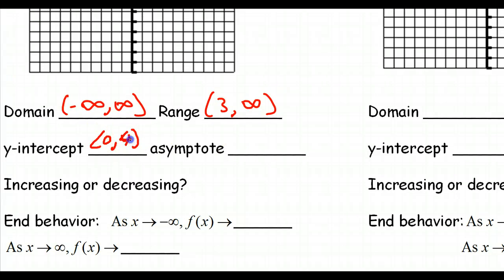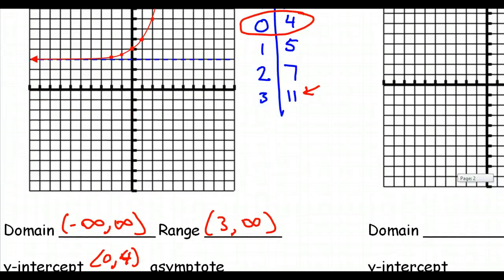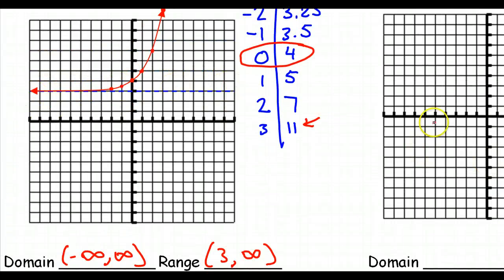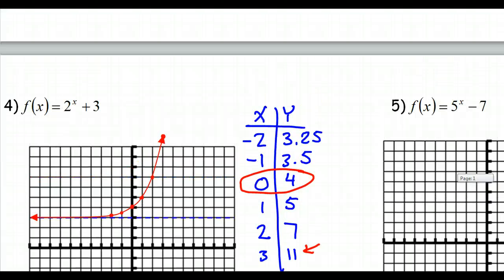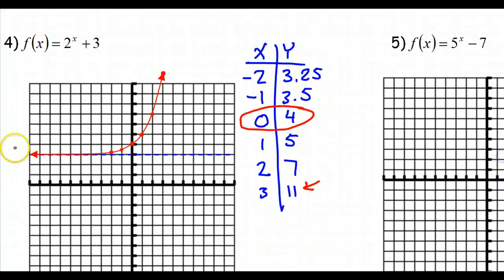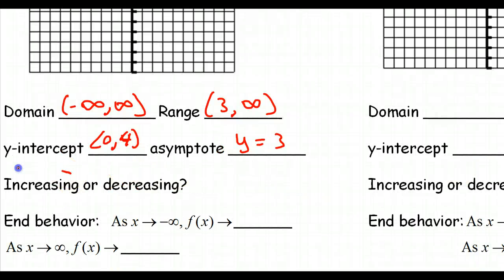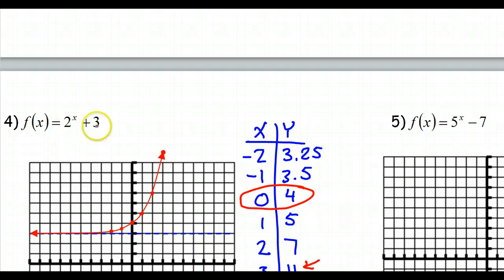That's a 4, man, it's an ugly 4. Asymptote, 3. Y equals 3. Don't forget the y equals part. Increasing from left to right. It goes up, so that's increasing. We knew it would be increasing because this value is bigger than 1.